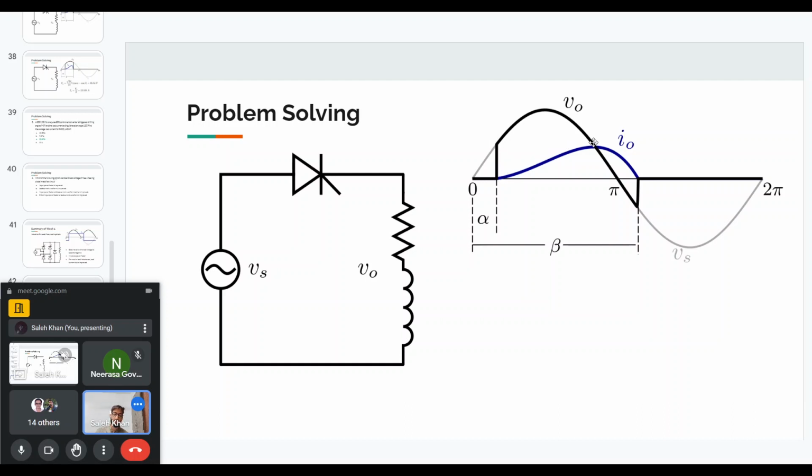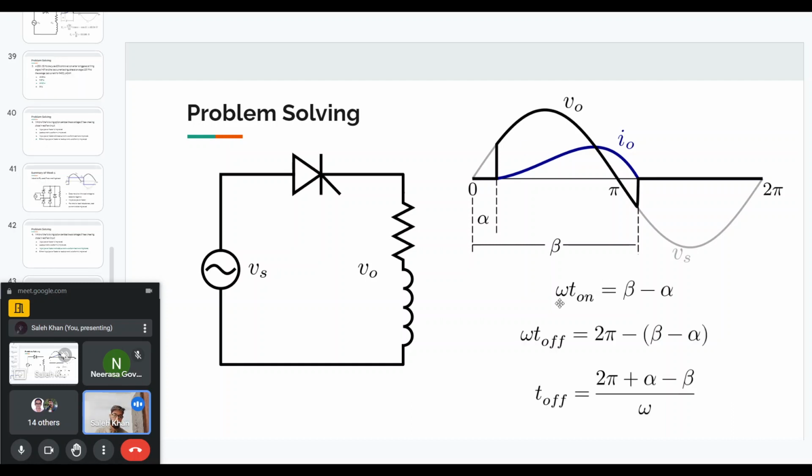When the voltage drops, the current will also drop, and at some point the current will become zero, which with an inductive load will happen after the pi point. The turn on time is whenever the output current is positive, so the turn on angle is from beta minus alpha, and the turn off time will basically be all the rest of the time.